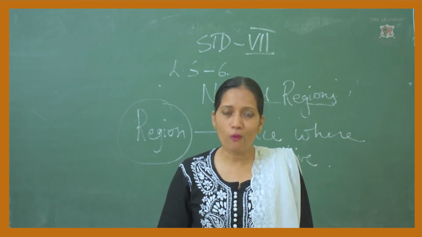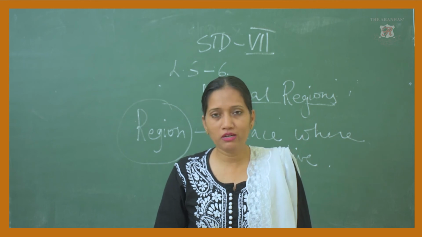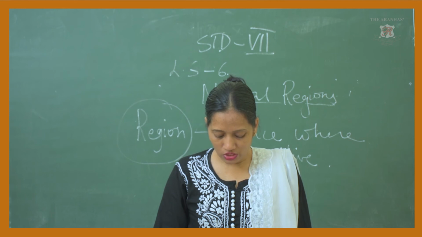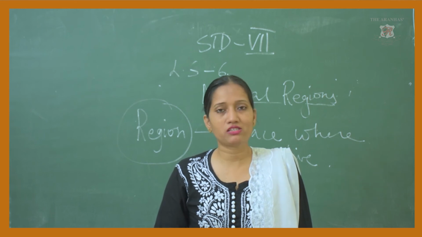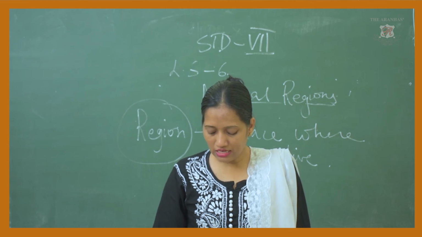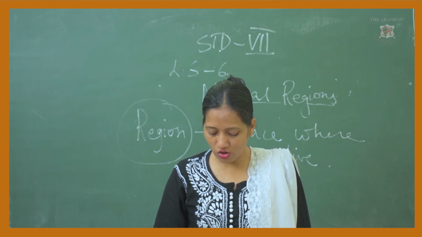Fauna is the wildlife, and human life is of course our life, which gives rise to variation in the biodiversity in different parts of the world. On the other hand, there are similarities of climate, vegetation and animal life in different continents that spread between certain latitudes.